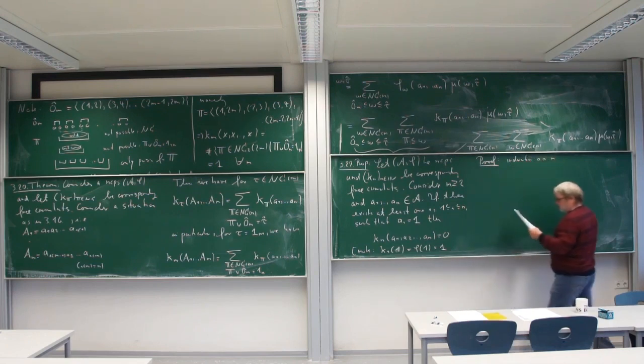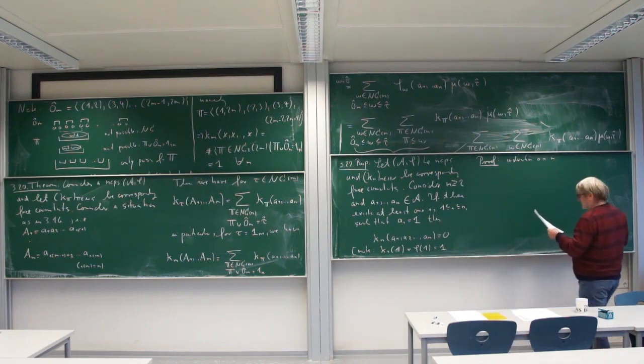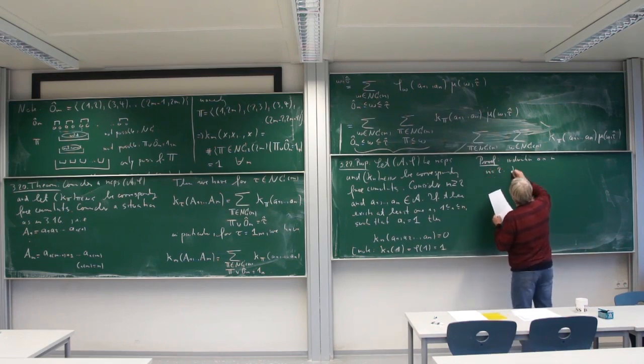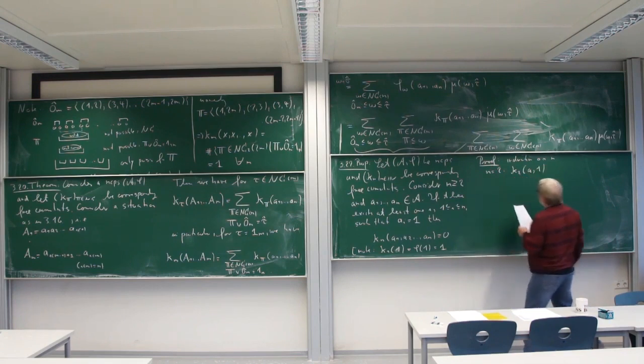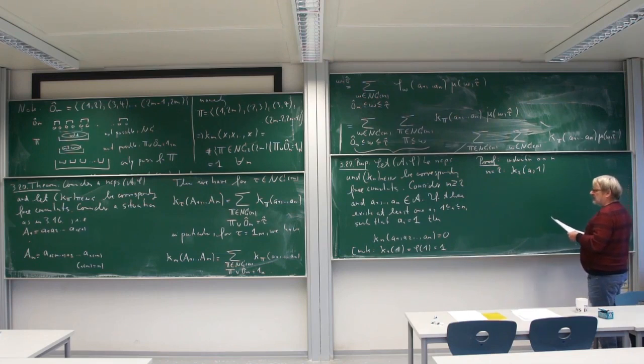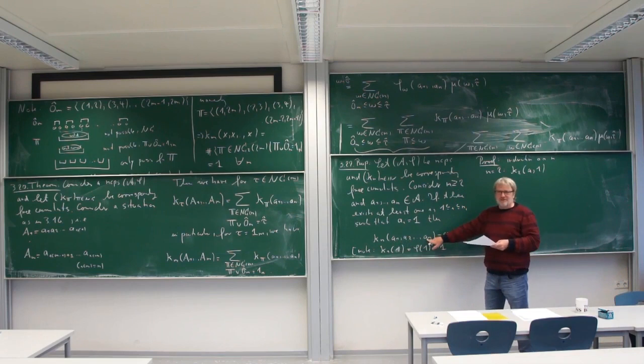So maybe we first should check the smallest possible case, n equal to 2, to get the induction started. So let's say n is equal to 2. So what I'm saying then, I have kappa 2 of a comma 1, let's say. And I mean, for simplicity, I will consider the situation that the last element is equal to 1.